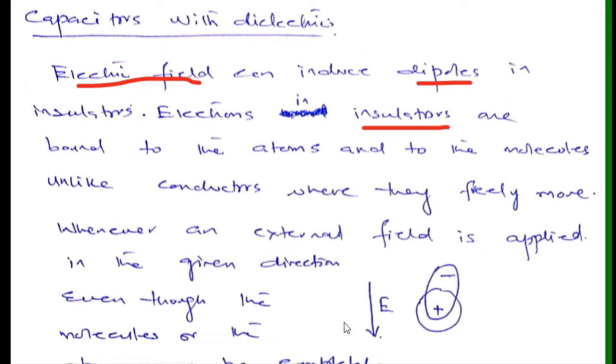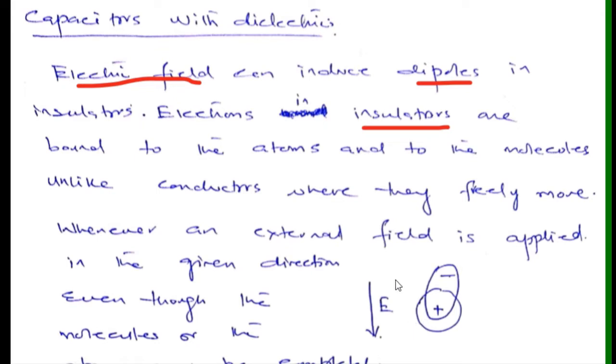जब हम कभी इलेक्ट्रिक फील्ड अप्लाई करेंगे तो हमारे पास क्या होगा कि when this field is applied to an atom, this atom was spherical in shape before the application of external electric field.